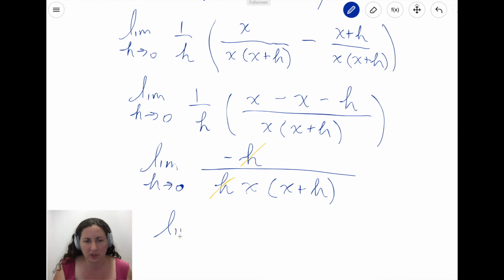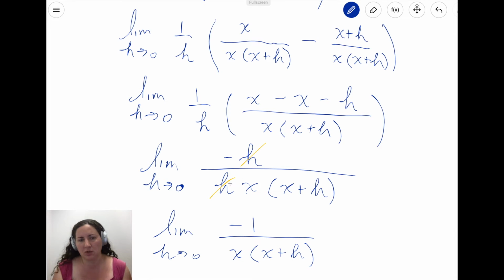So we'll be left with the limit as h goes to 0 of negative 1 over x times x plus h. And again, we've resolved the indeterminate form of this limit by canceling those h's. So now we're at the final stage.